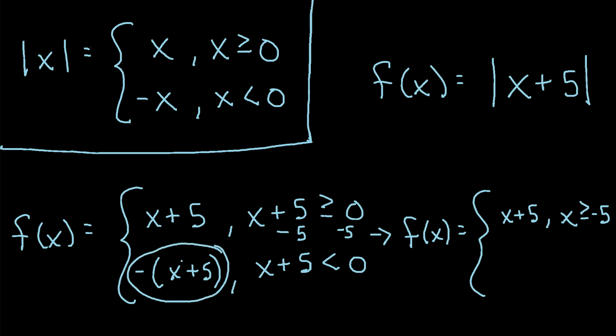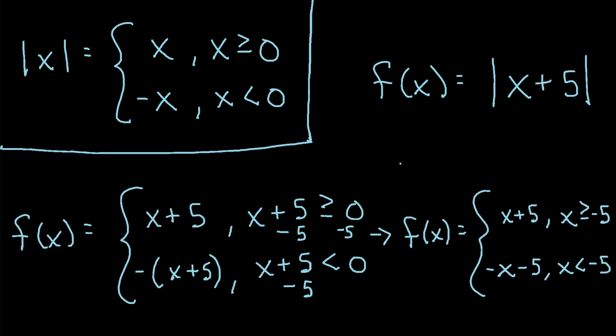So we get negative x minus 5. So let's write that right here. Negative x minus 5. And again, we're going to solve for x for this inequality. So if we subtract a 5 from each side, we get x is less than 0 minus 5, which is negative 5. So we'll say x is less than negative 5. So this is going to be our final answer.